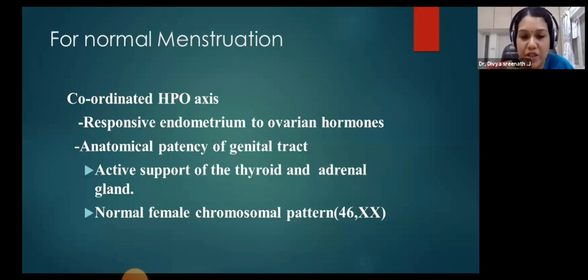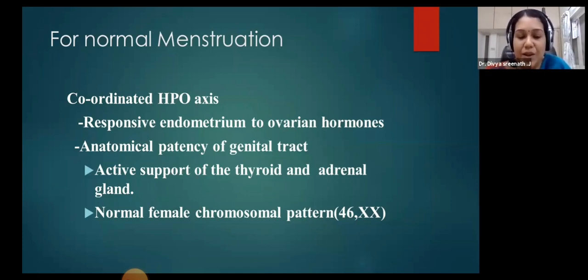Next portion is on menstruation. For a normal menstruation to occur, there should be a coordination of the hypothalamo-pituitary-ovarian axis. And by these hormones, the endometrium, the inner lining of the uterus, should be responsive to the ovarian hormones.